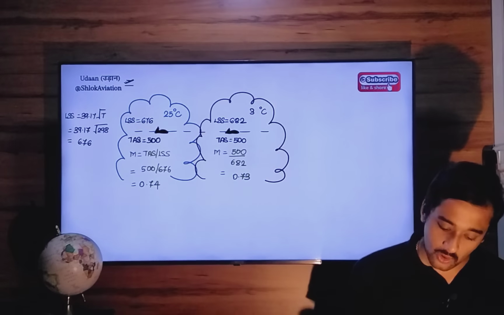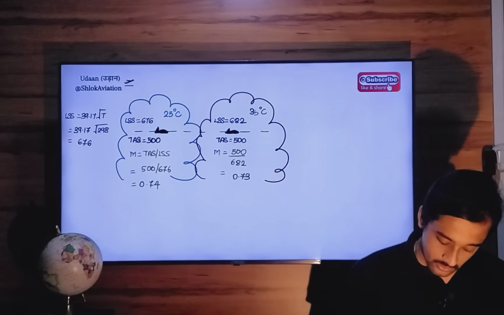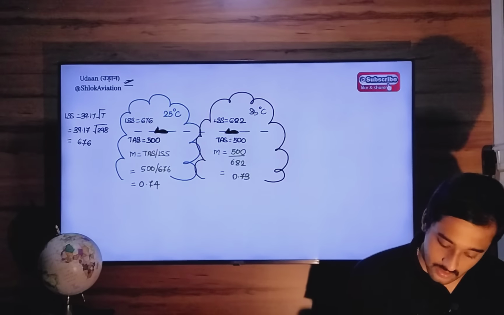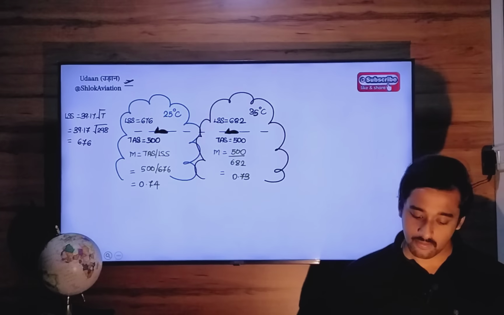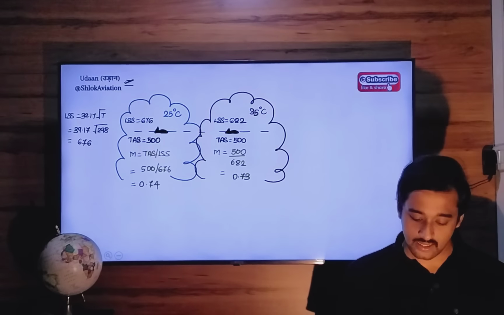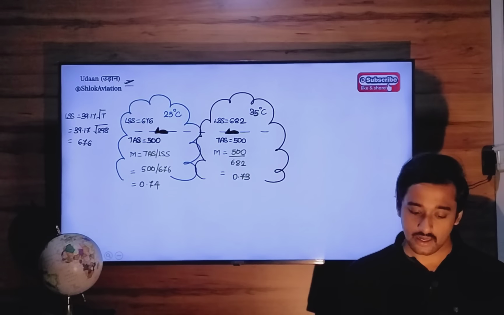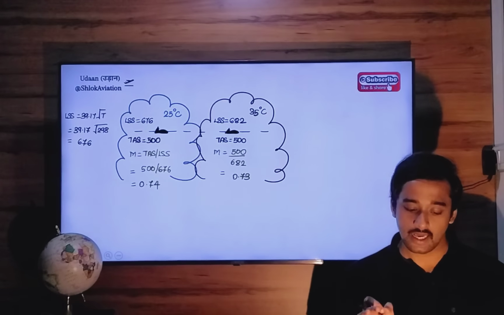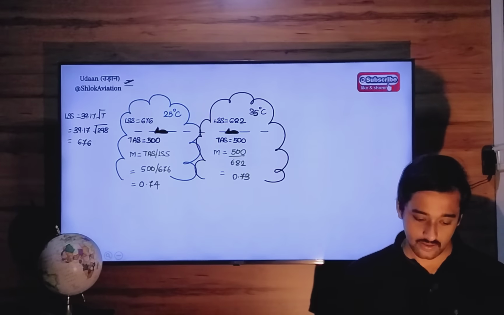And we have been asked what will happen to Mach number. Now with a temperature of 35 degrees Celsius, your Kelvin temperature will be 308.